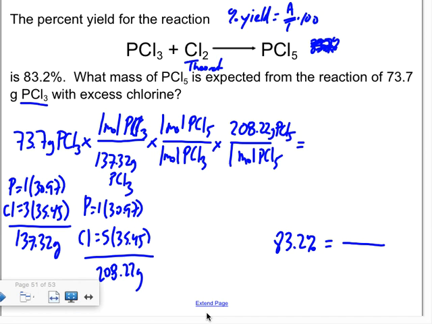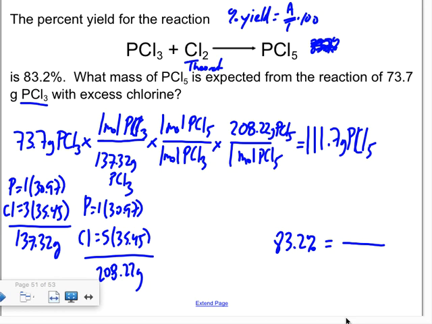Let me get my calculator here. 73.7 divided by 137.32 times 1 divided by 1 times 208.22. And I get 111.7 grams of PCl5.